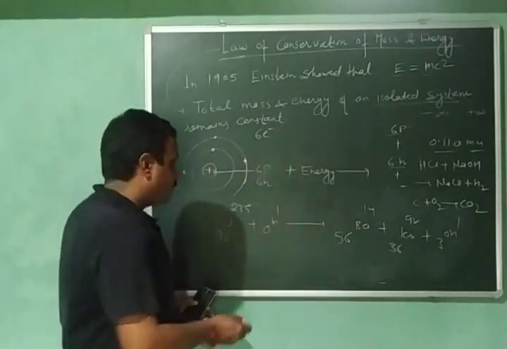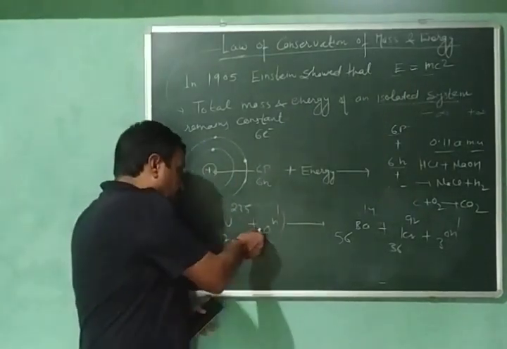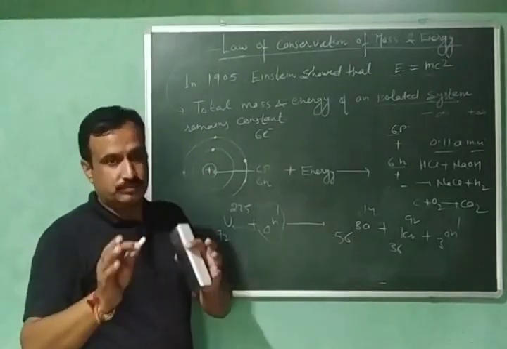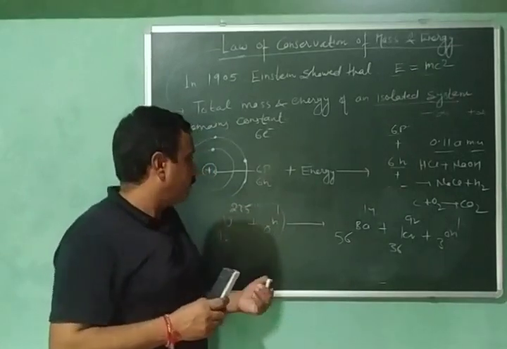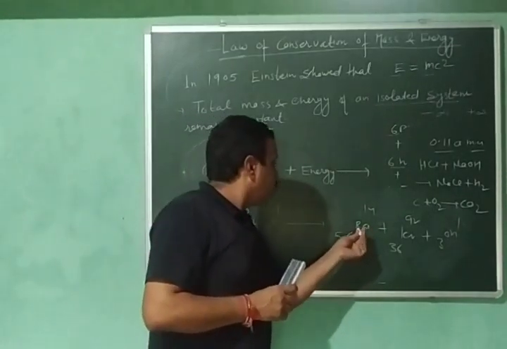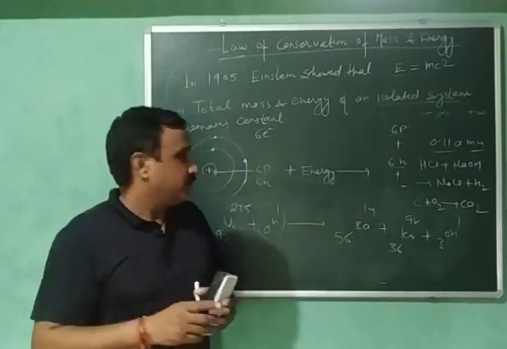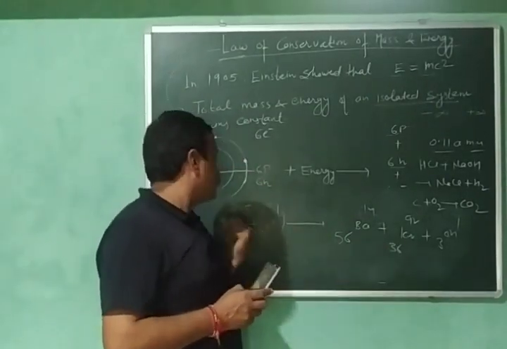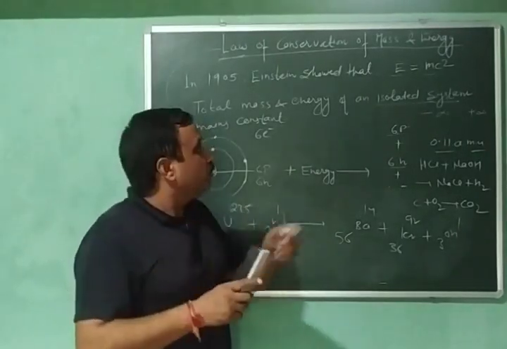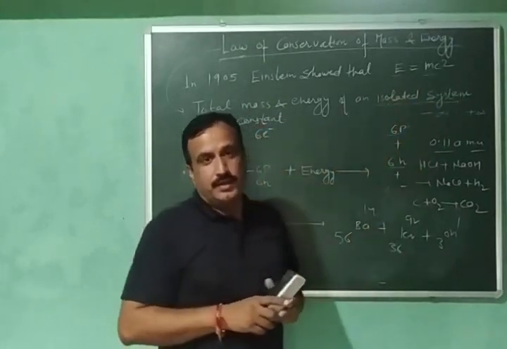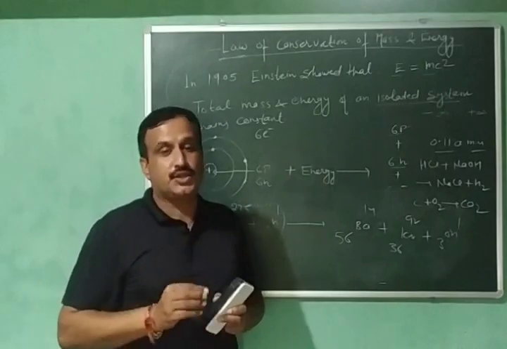So in this reaction, the neutron is a projectile. It bombards the nucleus of uranium, so changes occur in the nucleus, and the resulting elements are barium and krypton. So there will be a difference in mass. The mass of the products will be less than the mass of the reactants. So this equation, E = mc², is significant in the case of nuclear reactions.